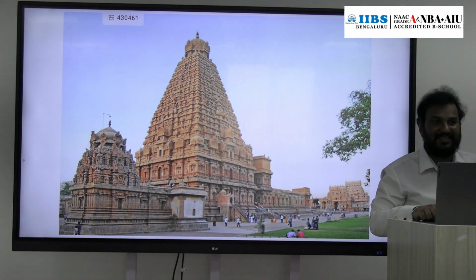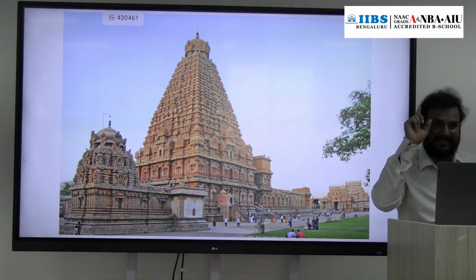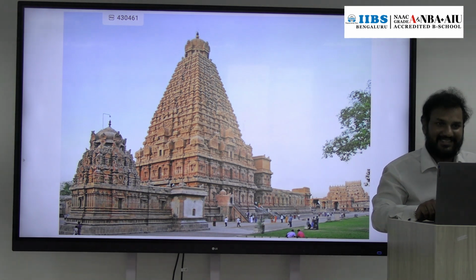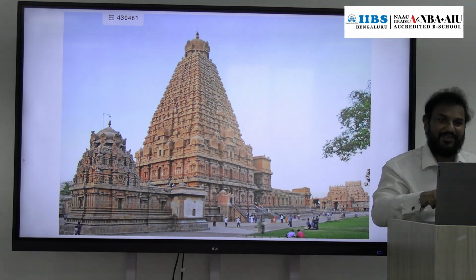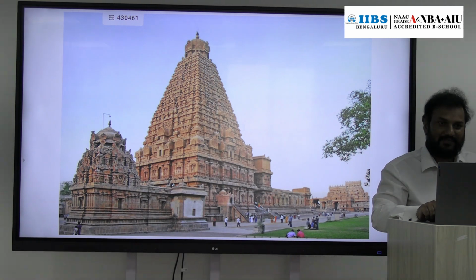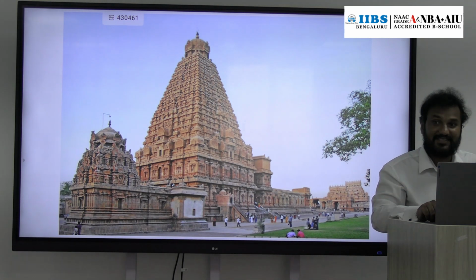Any answer, madam? No. It is built bottom to top, not top to bottom like the Kailash temple. That is my question. How? They built a ramp like this.